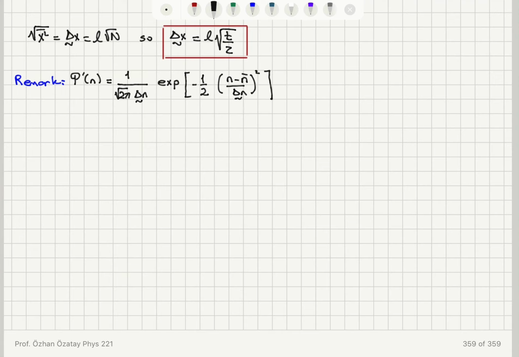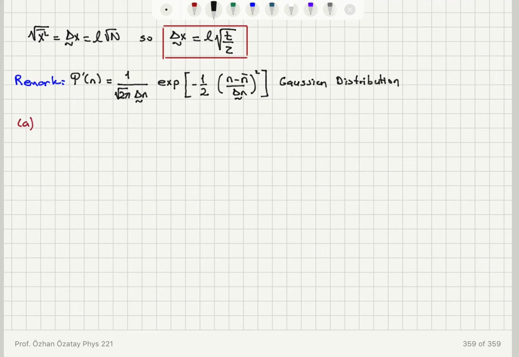So this is basically our Gaussian distribution. So we have shown in the lecture that the binomial distribution will turn into the Gaussian distribution in the continuous limit. So answer to part A.